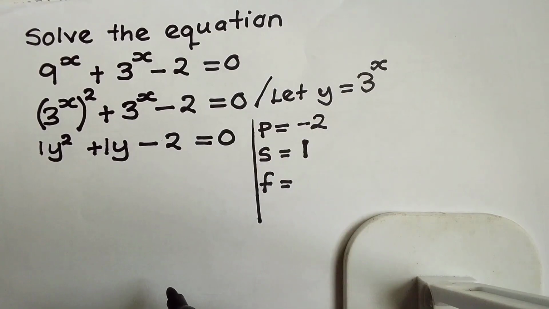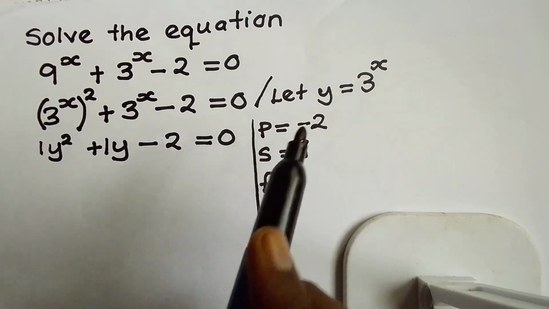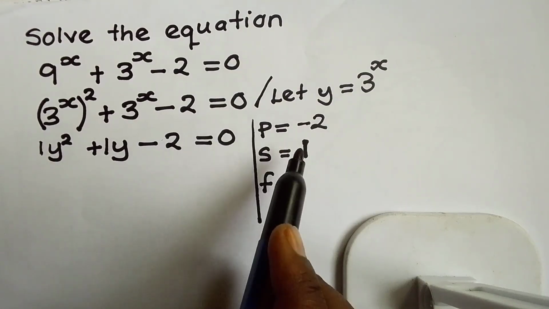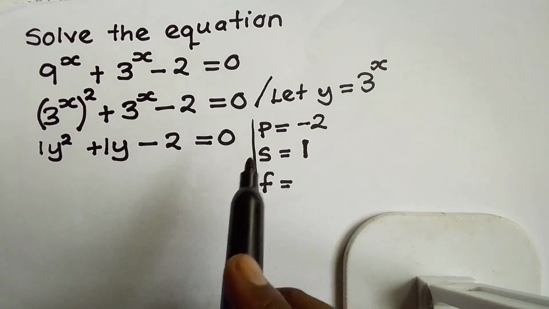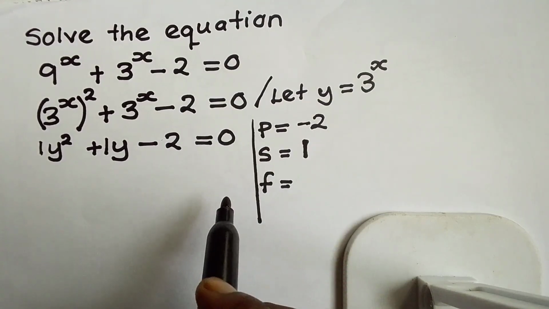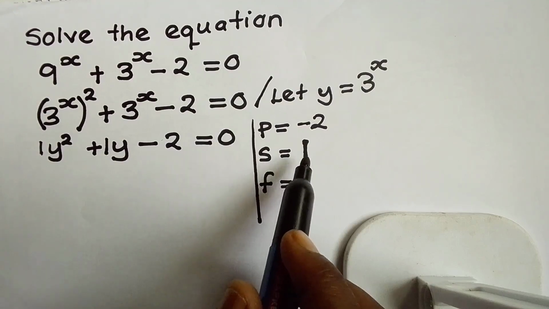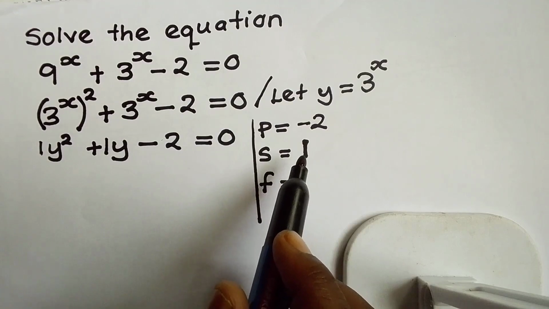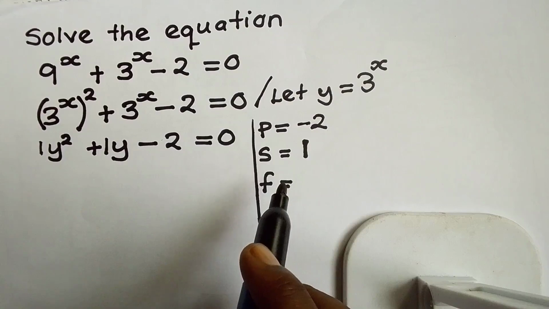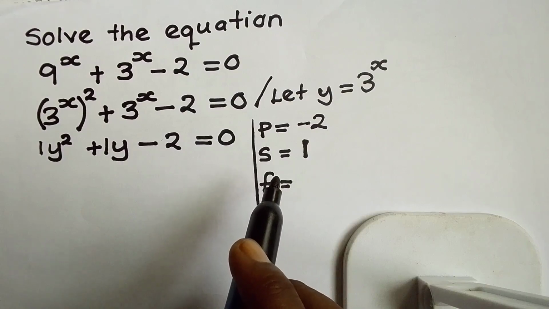Then we are going to get two factors such that when we multiply them, we get -2, and when we add them, we get our sum, which is positive 1. So which numbers are those?